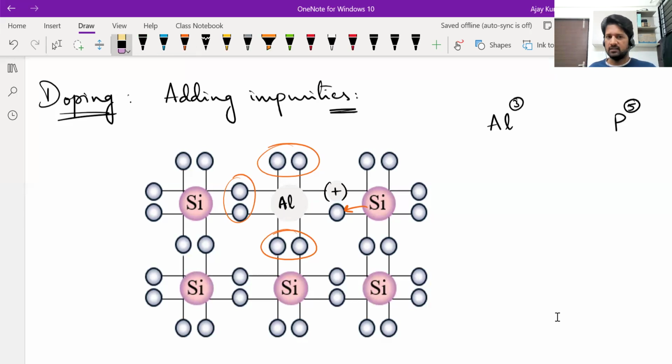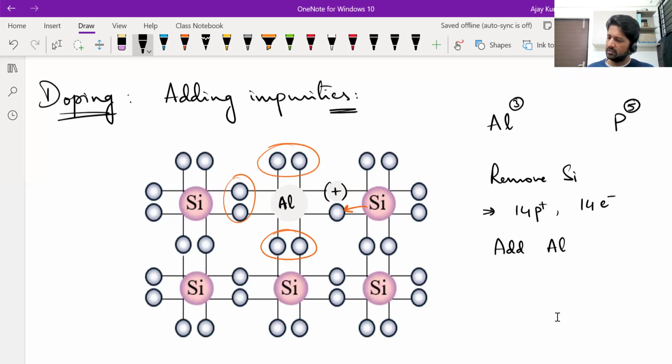But understand this process carefully. What we did here is we removed a silicon atom. Atoms are electrically neutral. So when you remove silicon, you are removing 14 protons and 14 electrons with it. Silicon atomic number is 14, no? So 14 protons, 14 electrons are removed. And then you imagine adding an aluminium atom.